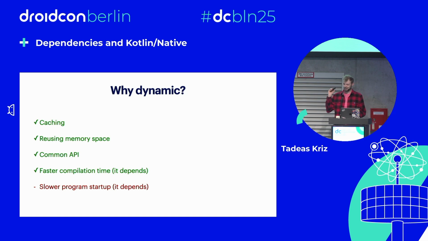Never mind. So for everyone doing mobile, the first point, caching, means build caching. When we are building our code, if we have a dynamic library, we can cache it on servers, download it, and then just use it.